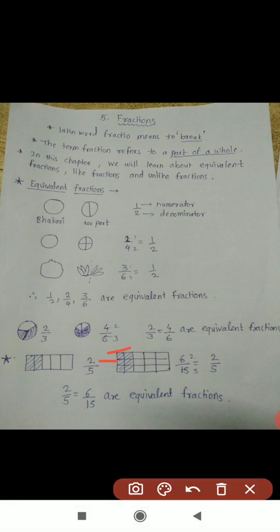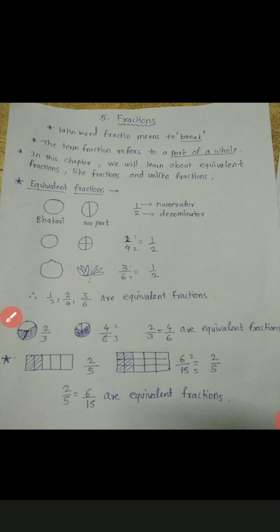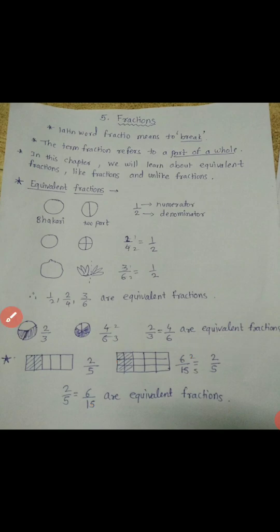These two, these two, these two means 6 upon 15. That is, 2 upon 5 and 6 upon 15 are again equivalent fractions. Means 2 threes are 6 and 3 fives are 15. So these all are the examples of equivalent fractions. Means the ratio is same.